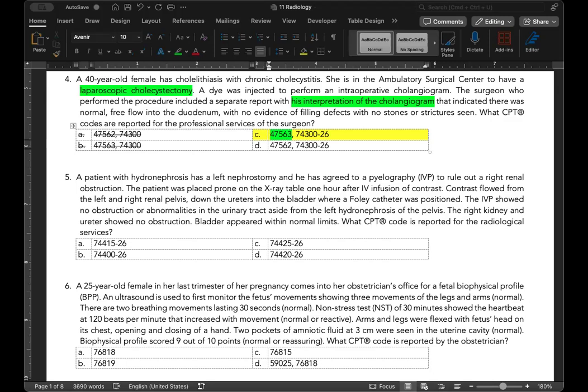So underneath urinary tract, is there anything underneath urinary tract that tells us we should choose a certain option? So I want to hear you guys think. Is there anything that's listed underneath urinary tract that we should use?